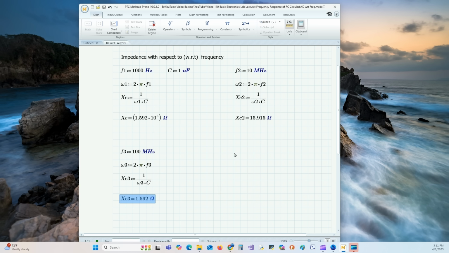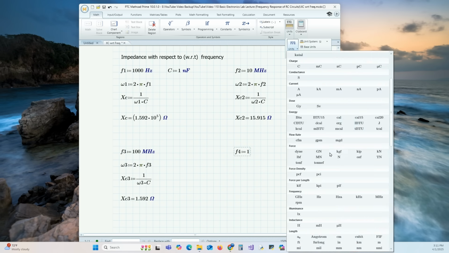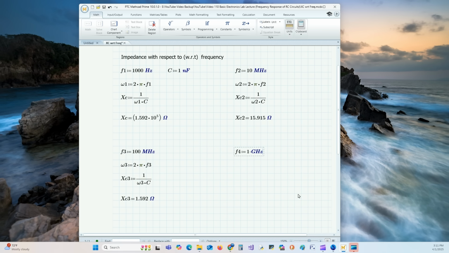So let's do 1 gigahertz now. Call it quits with that. F4 equals shift colon 1 gigahertz. Omega 4 shift equals 2 times pi times F4.